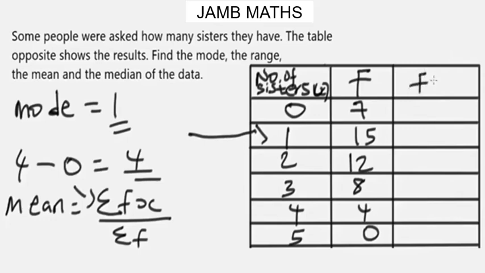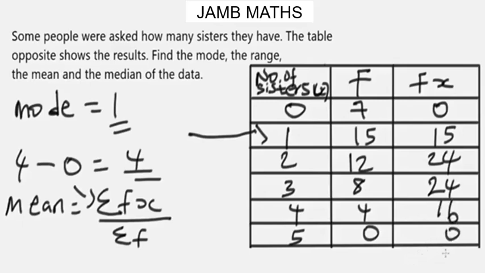Our fx is the frequency multiplied by the number of sisters individually. So 7 times 0 gives us 0. 15 times 1 gives us 15. 12 times 2 gives us 24. 8 times 3 gives us 24. 4 times 4 gives us 16. And 5 times 0 gives us 0.